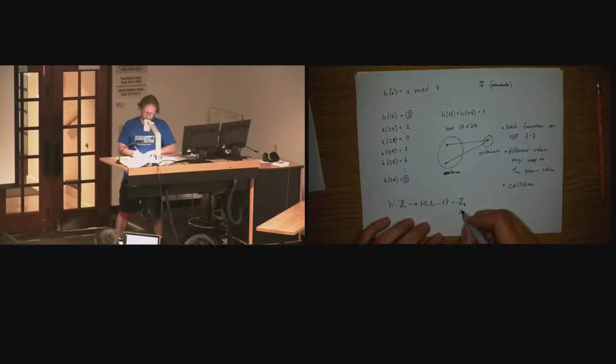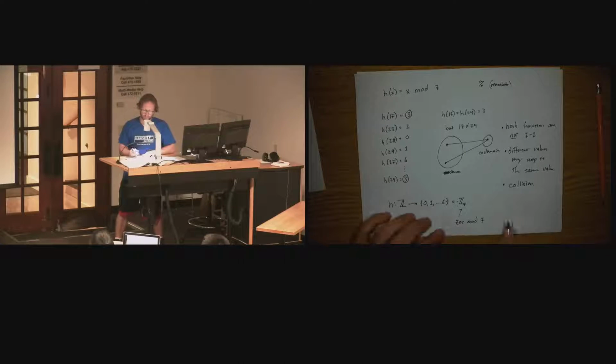Right? This is Z mod 7, and it consists of 0, 1, 2, 3, 4, 5, 6. So if I write Z mod M in general, then this is the integers 0, 1, 2, up to M minus 1, because those are all the possible remainders, okay?